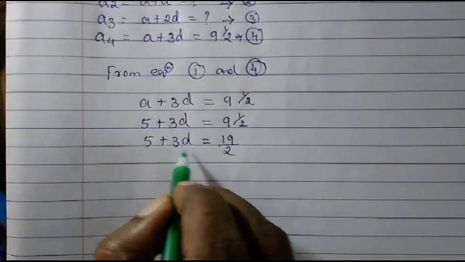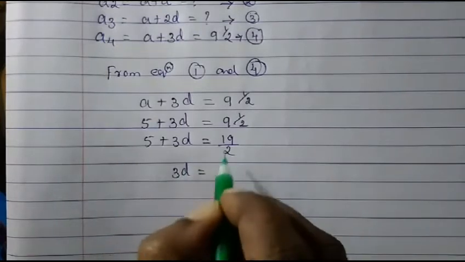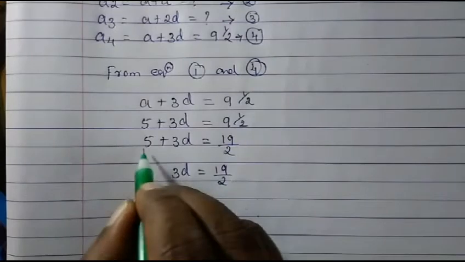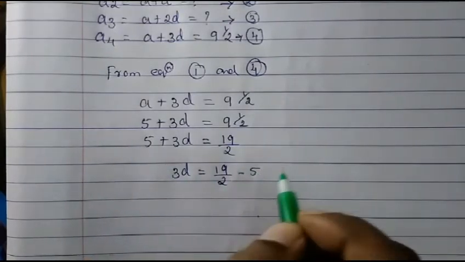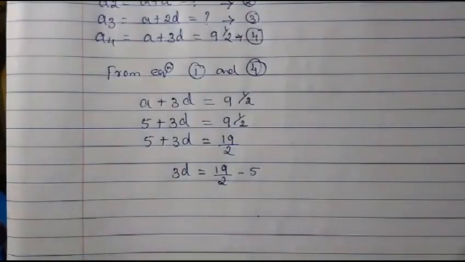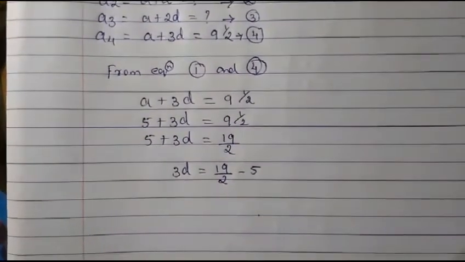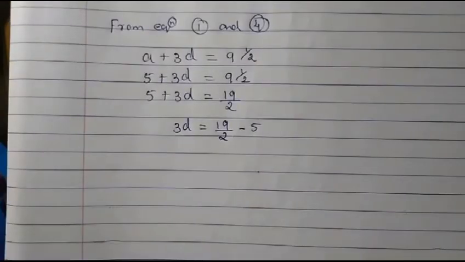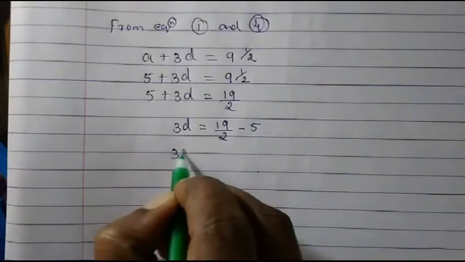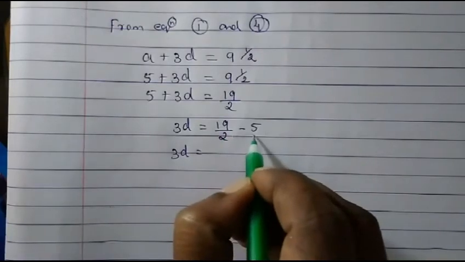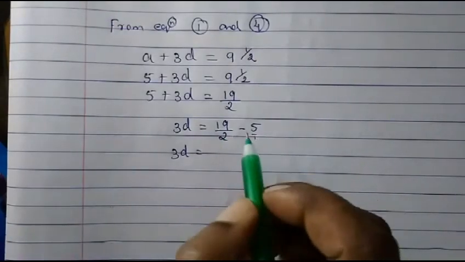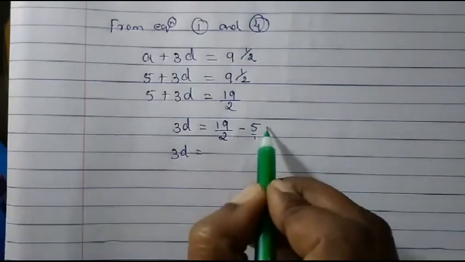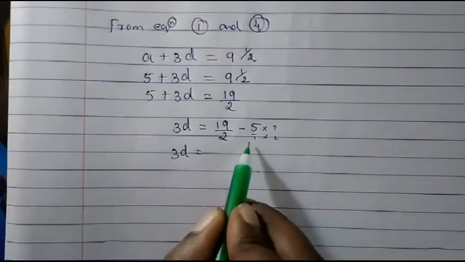Now keep this 3D as it is. So 19 upon 2, and this is in plus. When it comes here, it will become minus. So now 3D equal to, in the denominator nothing is there, so we consider that there is 1. Here 2 is there, so here also we have to get 2. So we multiply both sides by 2, then we get 2 in the denominator.